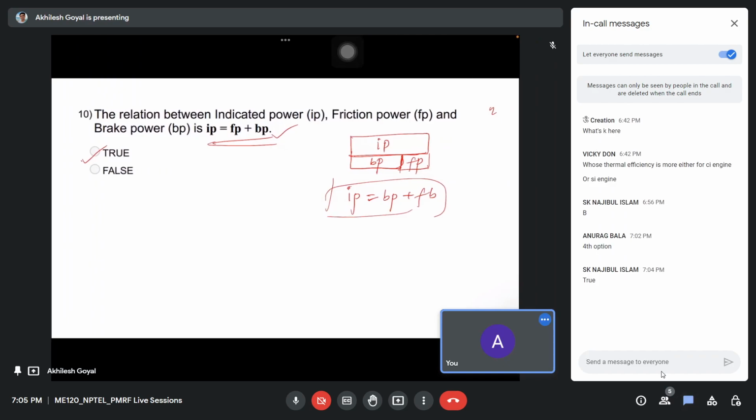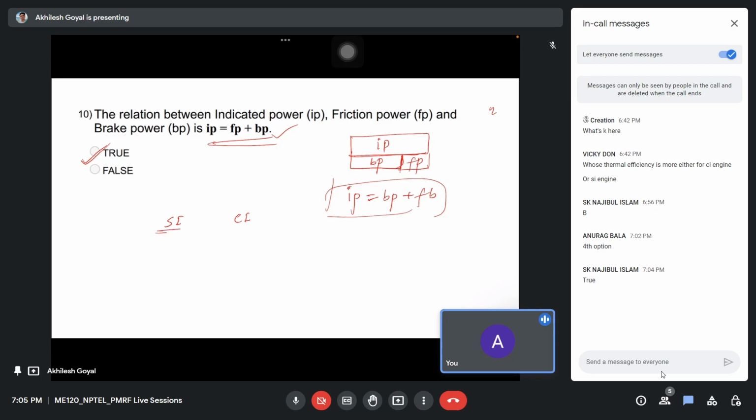Any questions, anyone? Vicky, you asked whose thermal efficiency is more, CI engine or SI engine. So in the next chapters we will be discussing it in detail, but let me give you the answer here only.